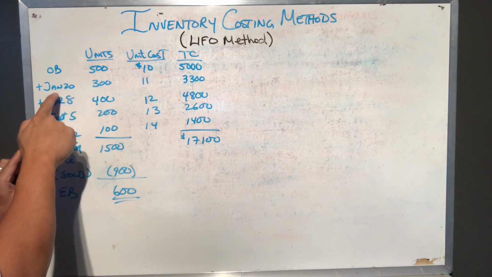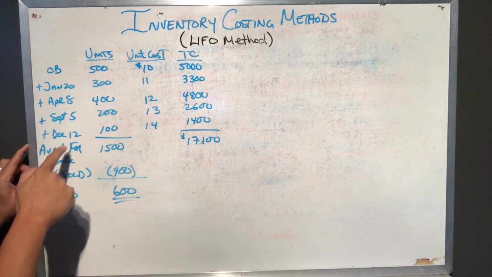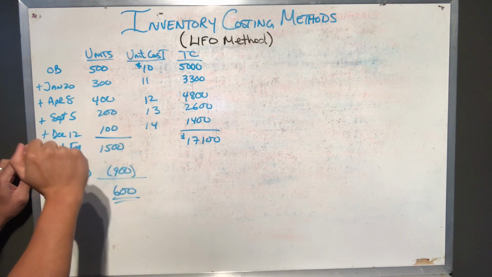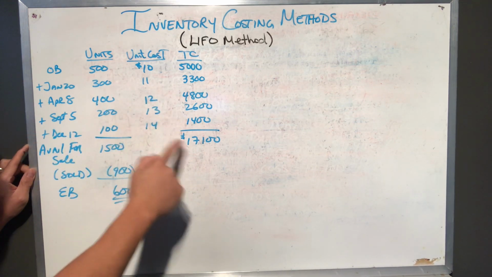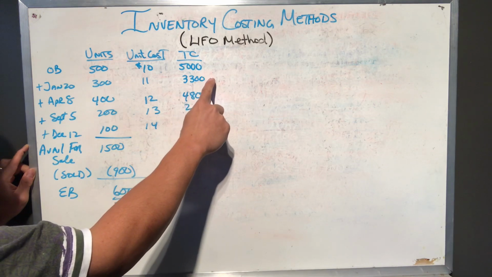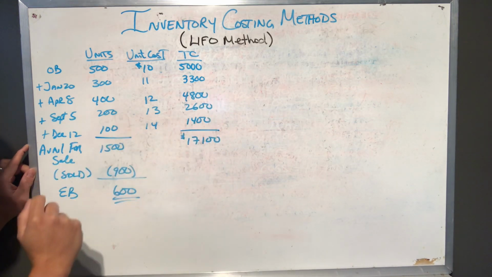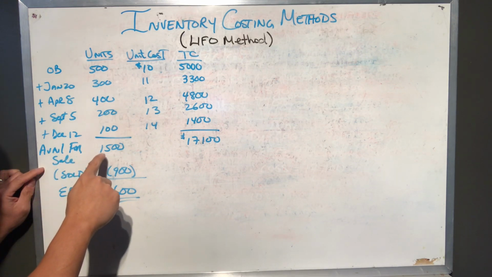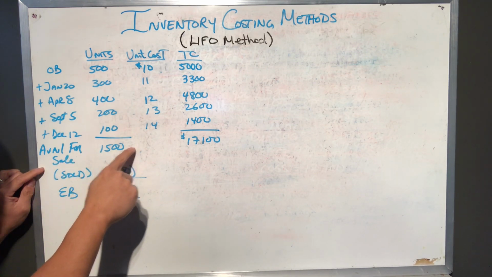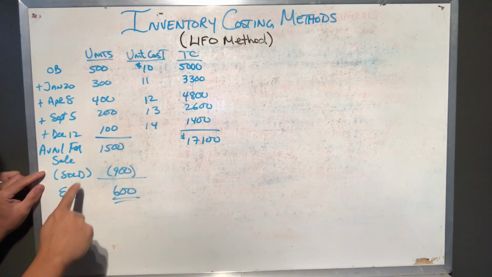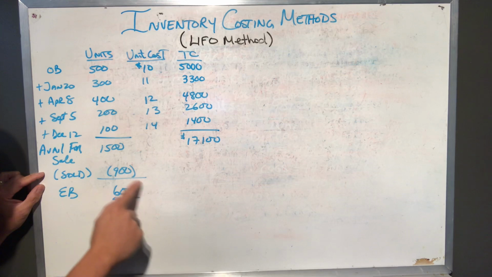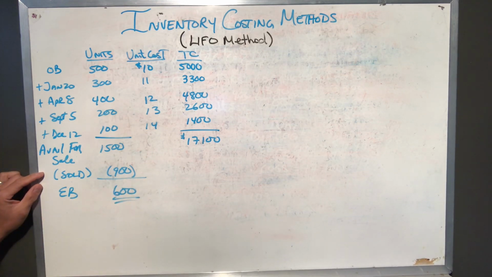Throughout the year, on January 20th, April 8th, September 5th, and December 12th, they purchased additional inventory units for those amounts at their respective prices per unit, and therefore this comes out to the total cost. Therefore, our total available units of inventory for sale throughout the year is 1,500 units. We sold about 900 units throughout the year, therefore that leaves us 600 units ending.